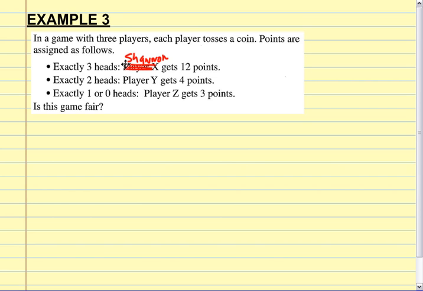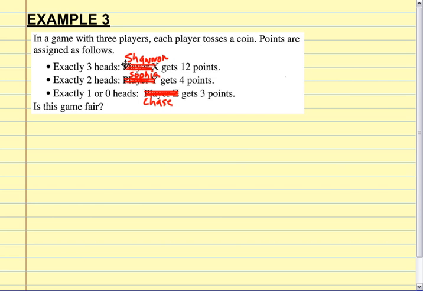Shannon gets 12 points if all 3 are heads. All right? Sophia gets 4 points if there are 2 heads and 1 tails. Chase gets 3 points if there's 1 head or no heads. Now think about this. Shannon has a coin. Sophia has a coin. Chase has a coin.